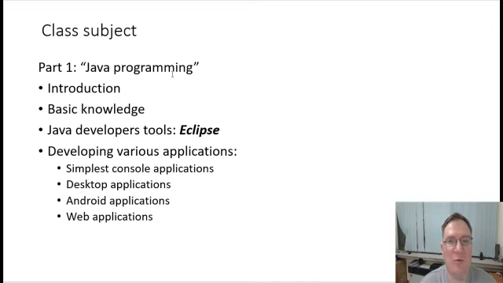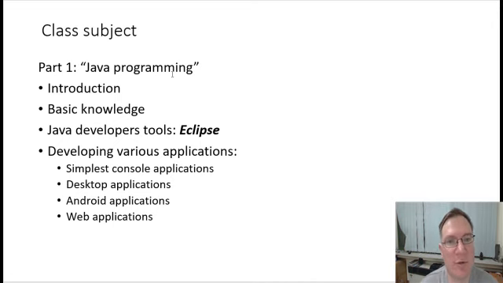That knowledge will give us a good understanding of how Java changed and how it affected programming languages in general. That will be done in the first introductory discussion about Java programming.